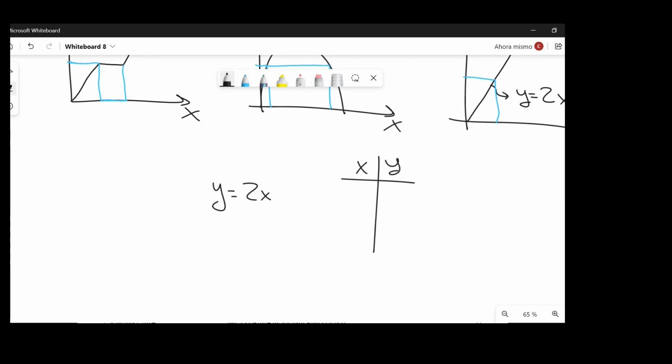So I could have written this like 0 goes to 0, 0.1 goes to 0.2, 0.5 goes to 1, minus 0.5 goes to minus 1, and 1 goes to 2.